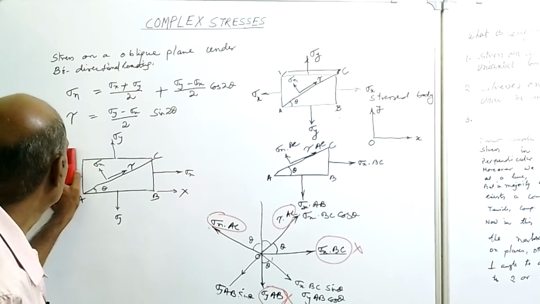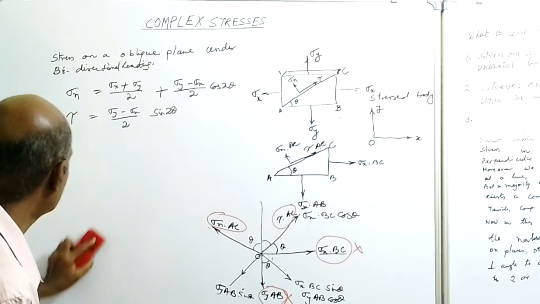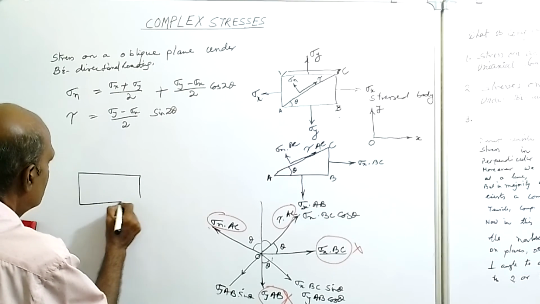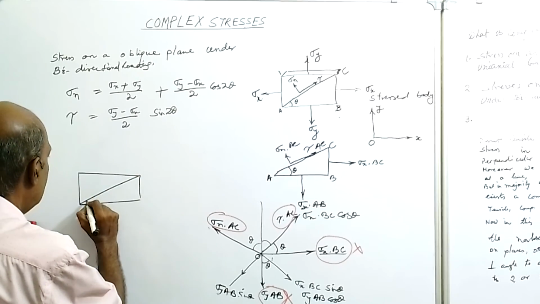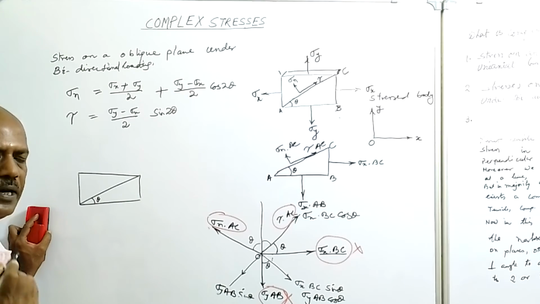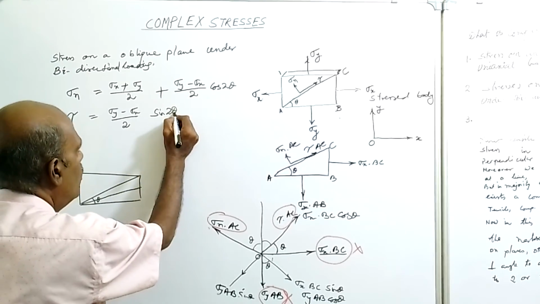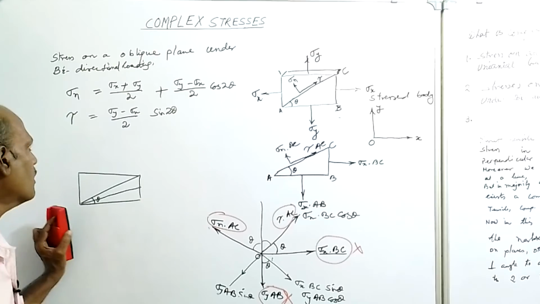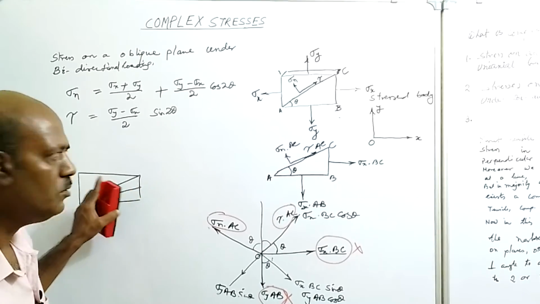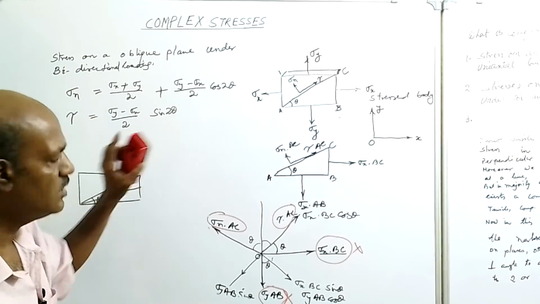Now we will see the maximum shear stress. This was the angle made by the inclined plane in this direction. The theta may vary from 0 to 90 degree. It can take any angle. So the value or intensity of tau will change as well as sigma n also will change.